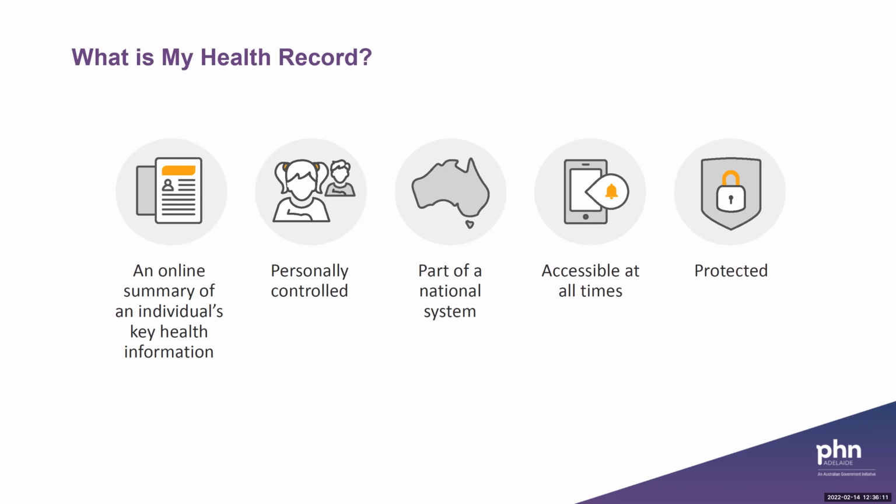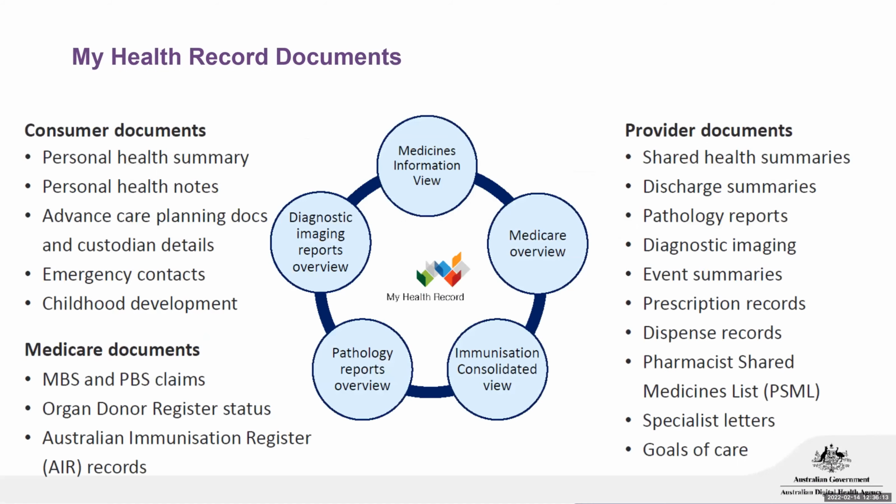The data within My Health Record is going to be well protected, and all access is recorded. These are documents that can be found within someone's My Health Record, so not all of these will be within someone's record. Some of these documents require the GP to upload it manually.